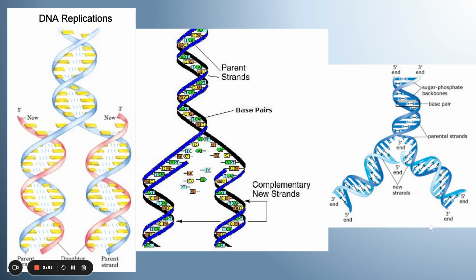A couple of enzymes are involved here. One enzyme is involved in the separation. That's a helicase. It's taking the DNA apart. And the one that does the joining back together and some proofreading is called DNA polymerase. So it's forming a polymer, forming that DNA molecule.